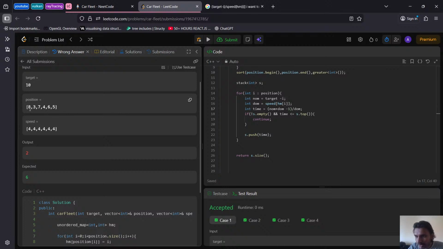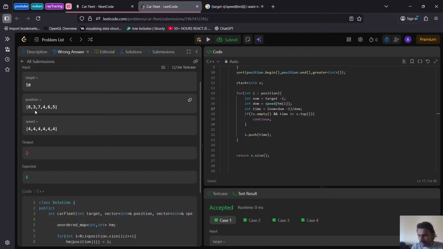For 8, 8 minus 4 is 4, it will do in 1. 7 also does it in 1, and 6 also in 1. So 8, 7 and 6 will be in one fleet, because in one attempt they will reach the target.